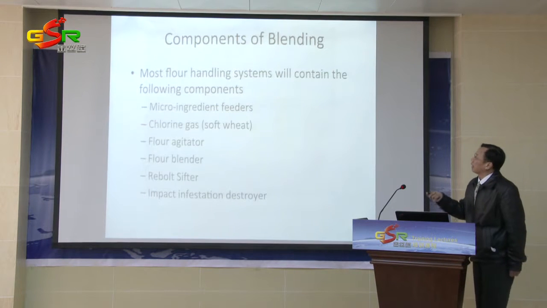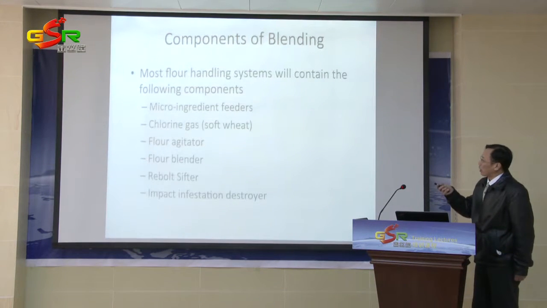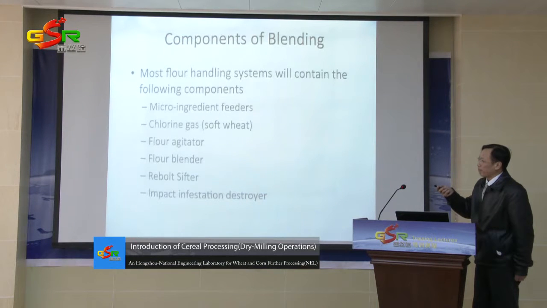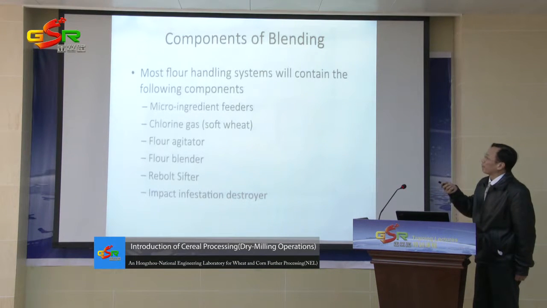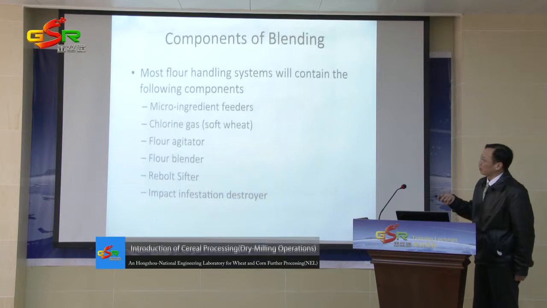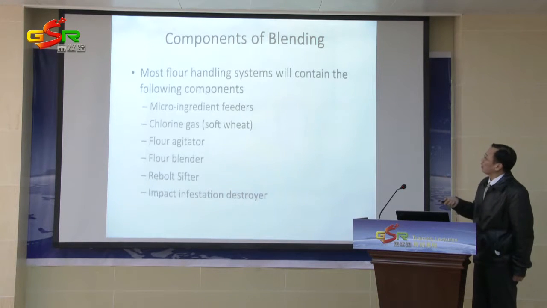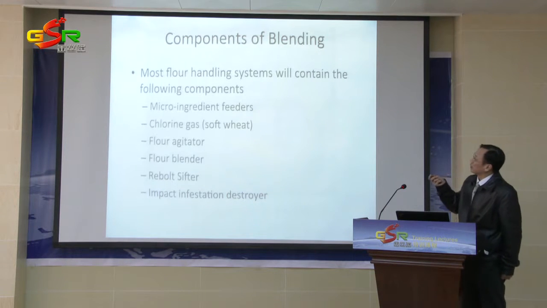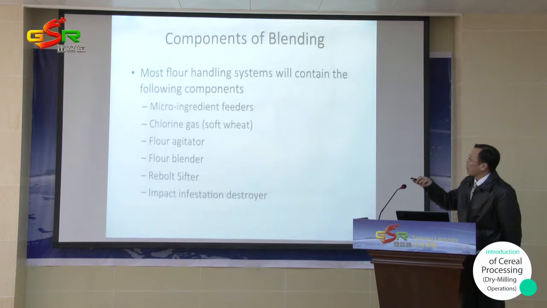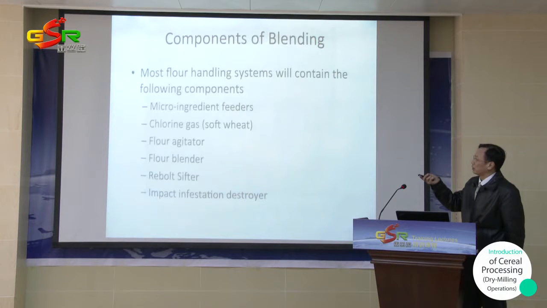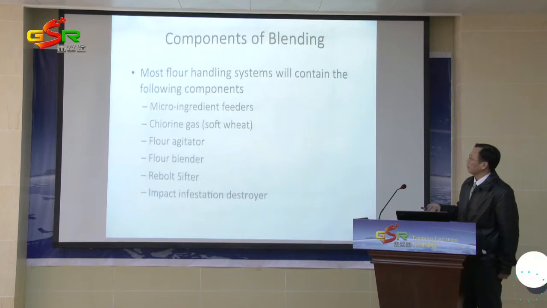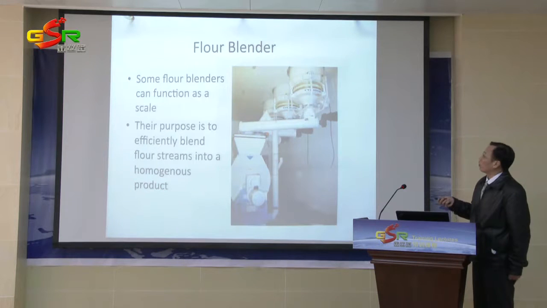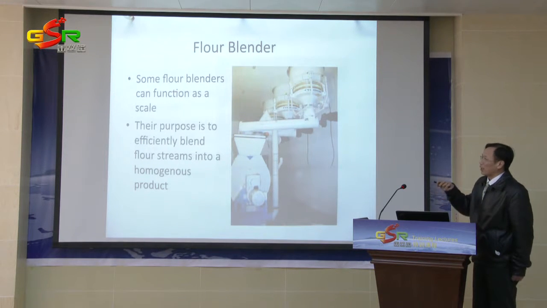And the blending, just now I introduced the blending before conditioning, after conditioning, and also the blending after the milling. We can use the blending processing to mix the micro ingredients. And this is the flour blender to mix the different flour from different systems.